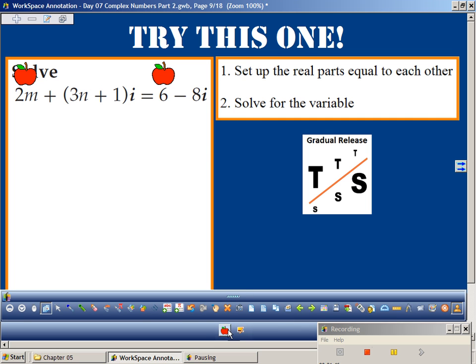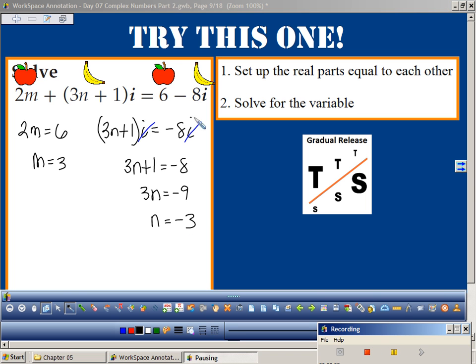And bananas. I heard apples and bananas. This is what I got. Does it match up? Questions?